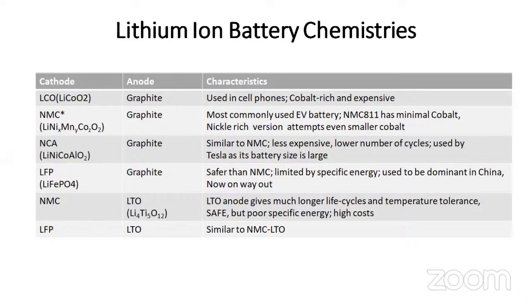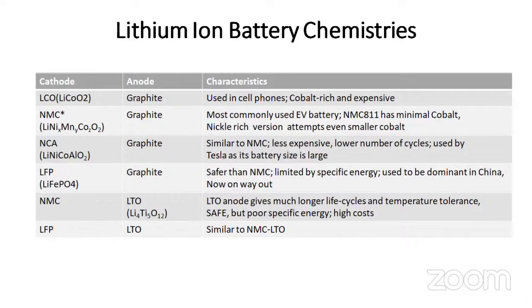Then comes LFP, lithium ferrous phosphate. I guess 5 or 10 years back, this kind of chemistry was mostly used in the electric vehicle industry, and it was the most popular chemistry. But nowadays, due to limited specific energy and limited energy density, those cells are not preferred in the industry.